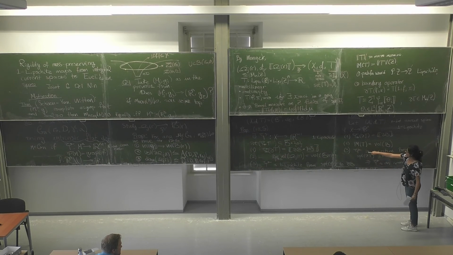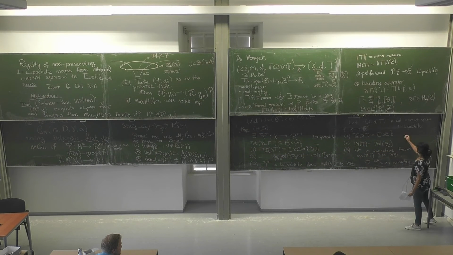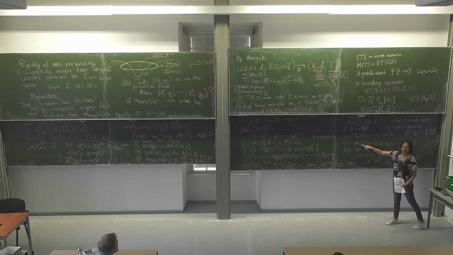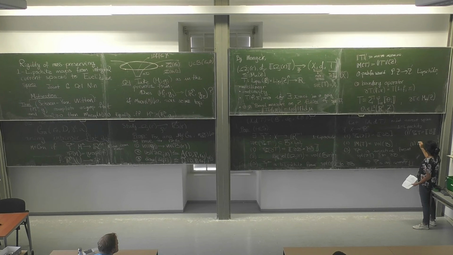Instead of 1, they wrote C push forward of T equals B. That's 1 prime for them. And then for 3, they wrote basically this condition, but for the boundaries: the mass of partial T equals the volume of the sphere.